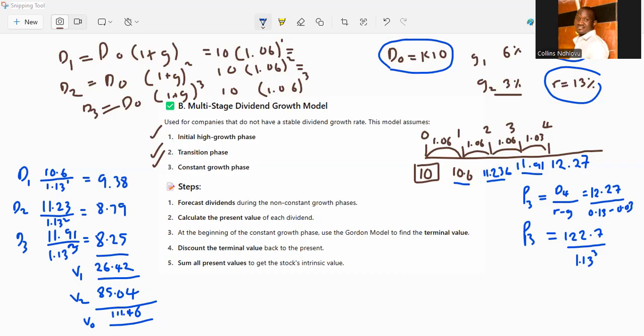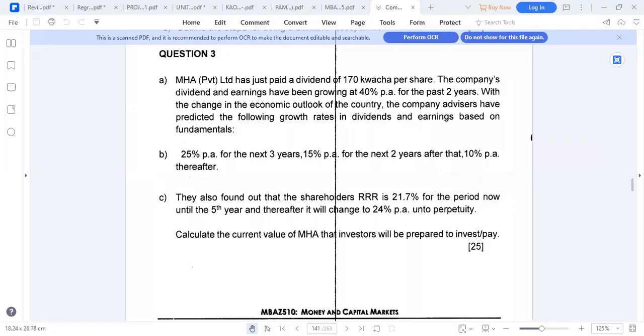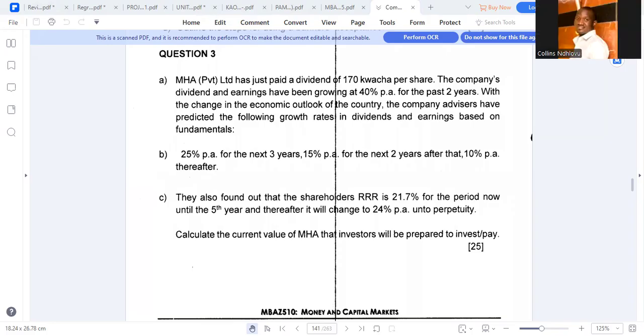So with that being said, we can now answer our question in the exam. Okay, so let's now go to this question here. We've been given a question to look at.